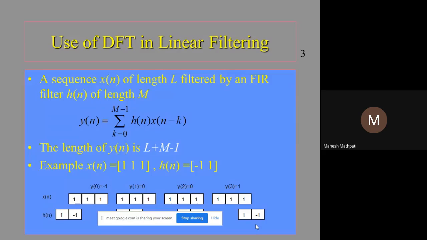For two finite sequences, because for infinite sequences the formula of linear convolution has k equals minus infinity to infinity, but an infinite sequence cannot be analyzed in a DSP system. So for that we just write a title as use of DFT in linear filtering.